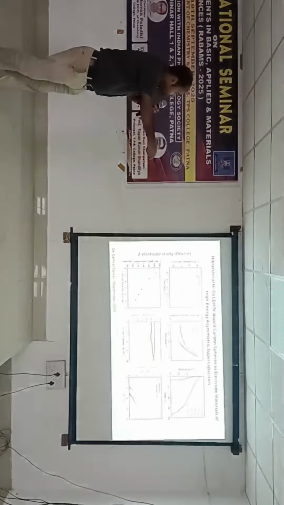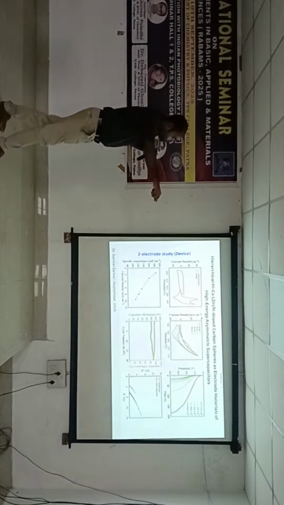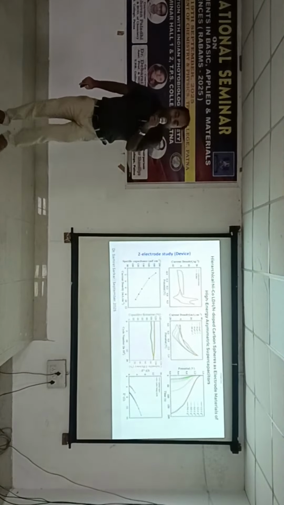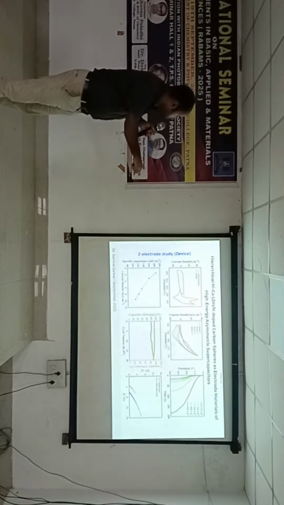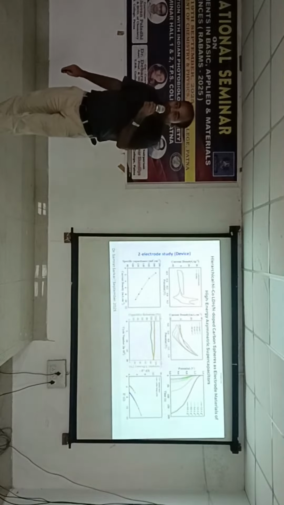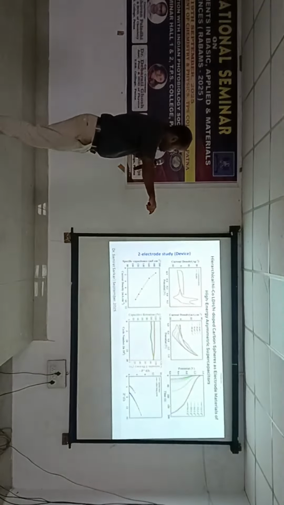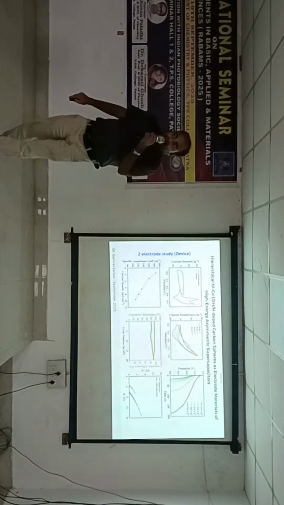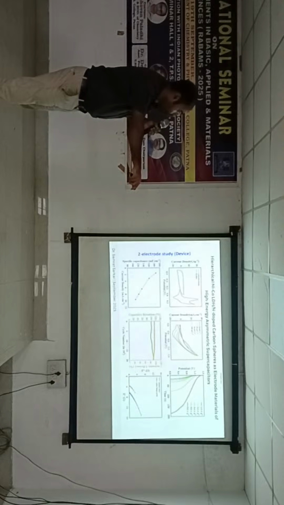And these are the CV and the GCD of the device, and we got 185 millifarad per centimeter square. That is a very good specific capacitance for a device, and the long cycle capability of the device is also very good, and the actual picture of the device is shown here.